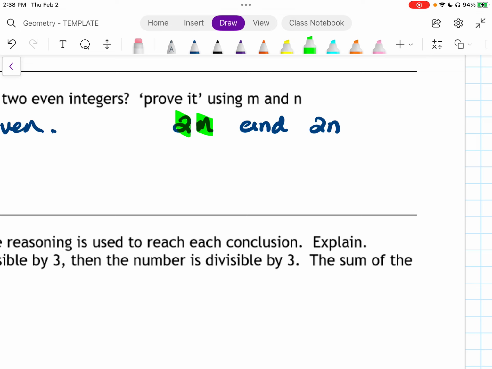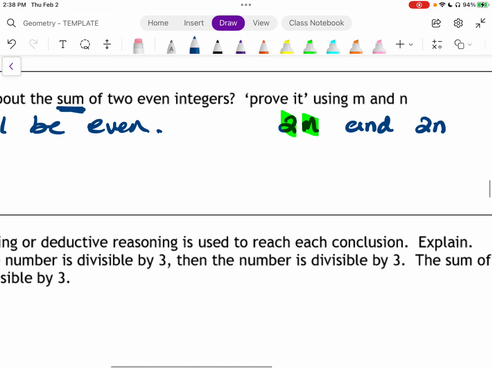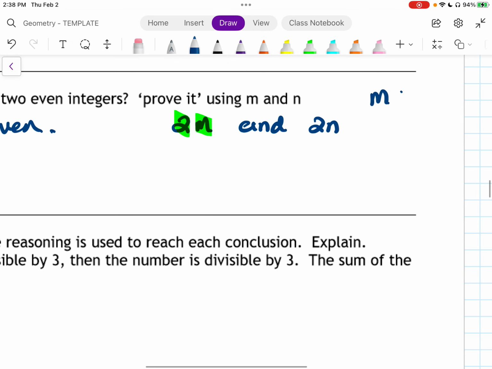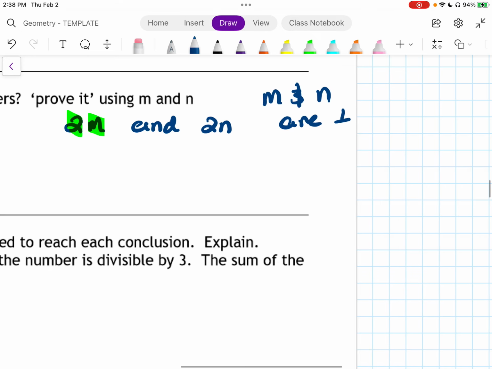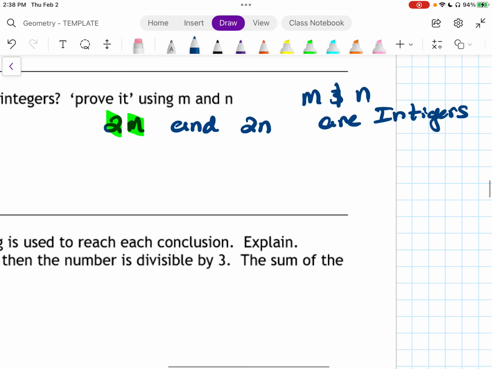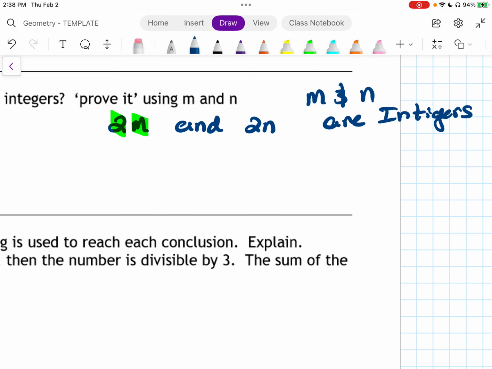But if you take them and multiply by 2, now it has to be even. They said integers, so we'll say m and n are integers, and then by listing them as 2m and 2n, they have to be even.